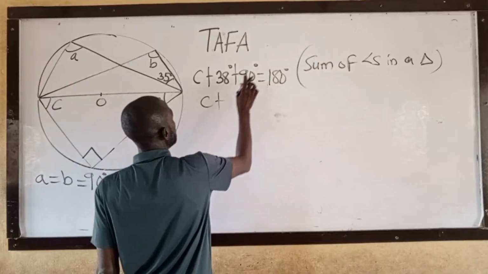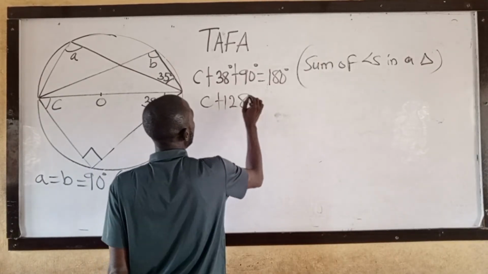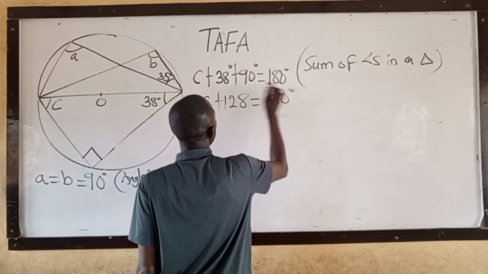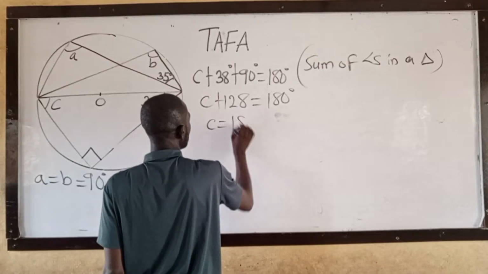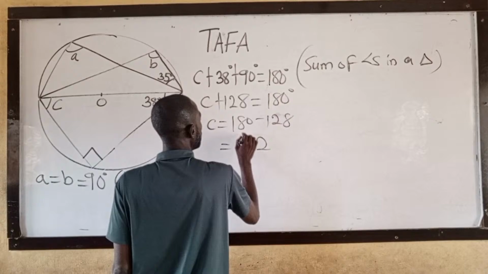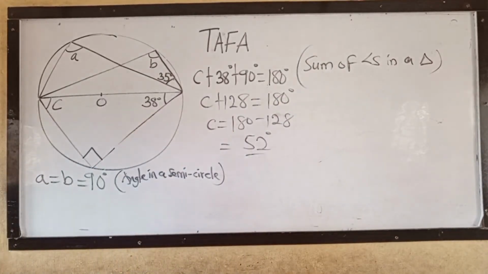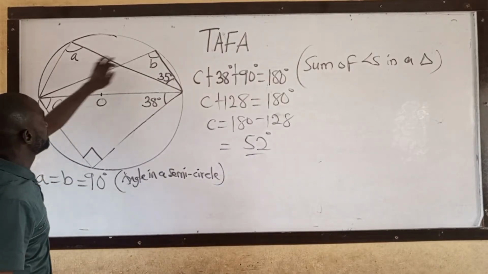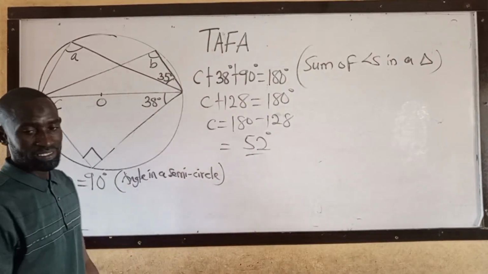C plus 38 plus 90 equals 180. So we have our C equals 180 minus 128. That will be 52. So our C equals 52 degrees. So that's the answer.